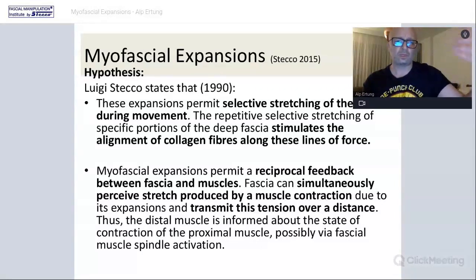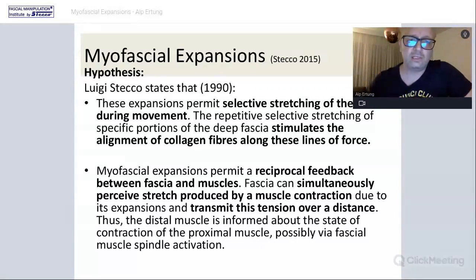In this way, the distal muscle is informed about the state of contraction of the proximal muscle, possibly by the help of muscle spindle activation, because we know that we have muscle spindles and we have the Golgi tendon organs.